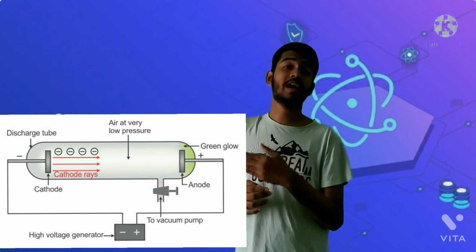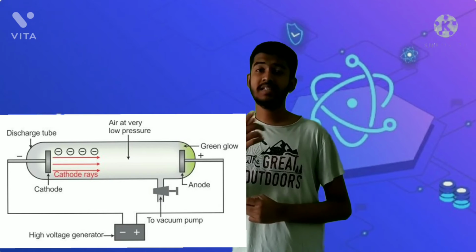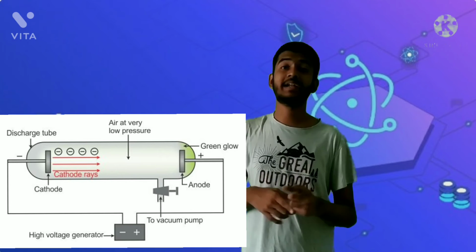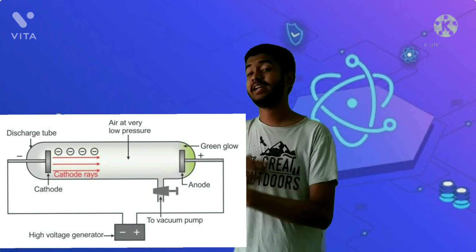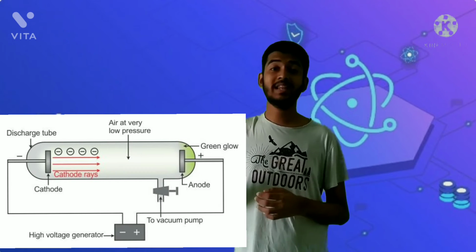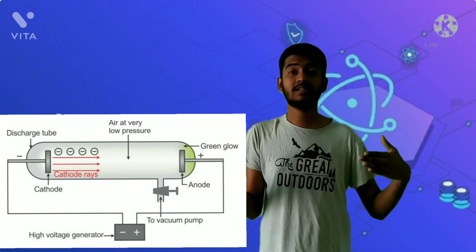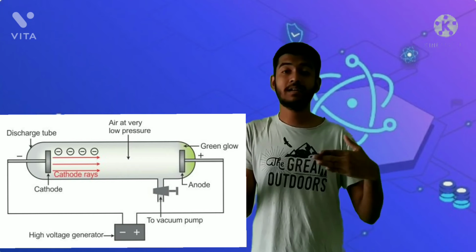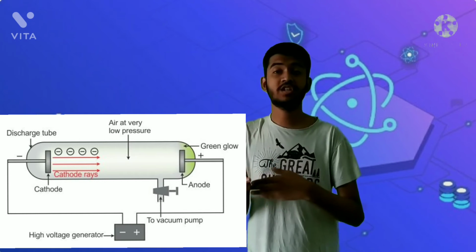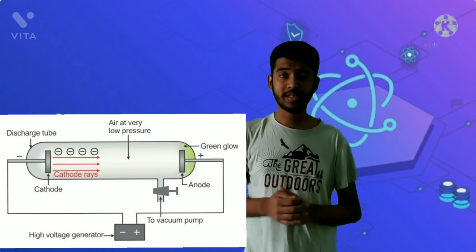We already knew that zinc sulfide was present behind the anode, and that when a charged particle gets attracted to it, that part of the area starts glowing. Because of the perforation, the particles got attracted to the zinc sulfide, and it started glowing.